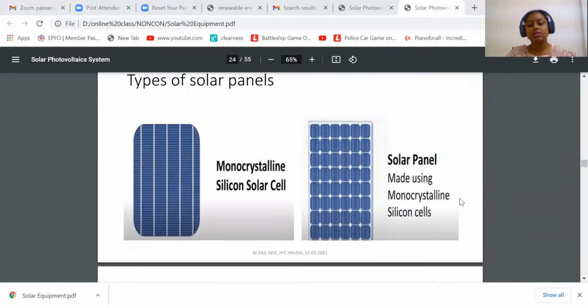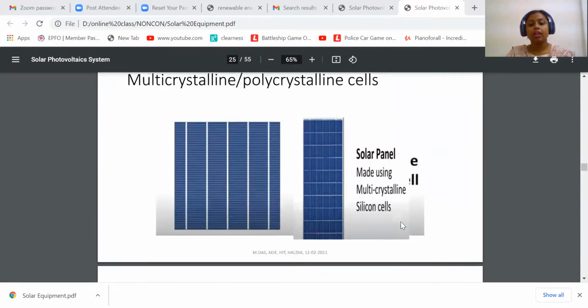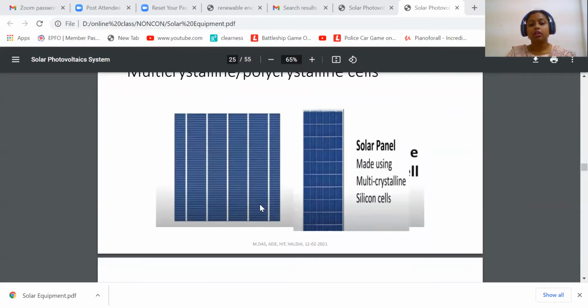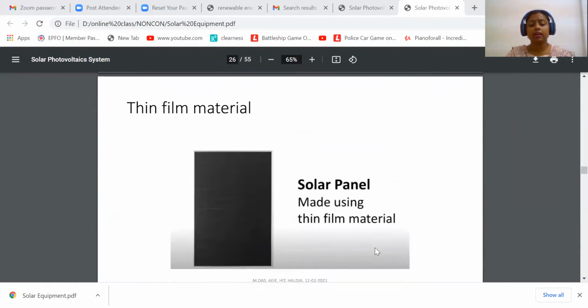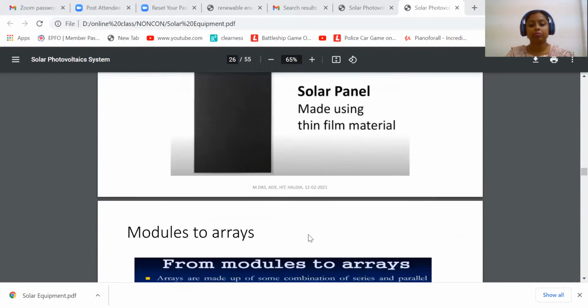This is a monocrystalline solar panel made of monocrystalline silicon cells, and this is the typical polycrystalline or multicrystalline panel made of multicrystalline silicon cells. Another type of PV panel that is also used is made of thin film material.